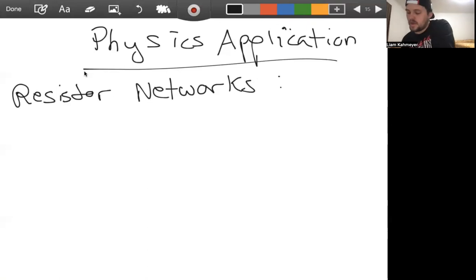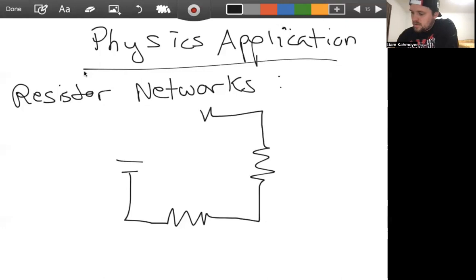Let's say we have a circuit here, and I'm going to draw the following circuit. A circuit has a voltage source, and these two lines here where you see the break in the circuit, this is our voltage source.